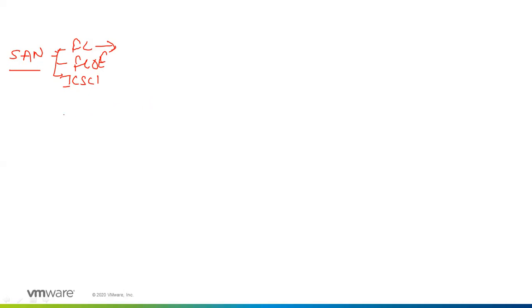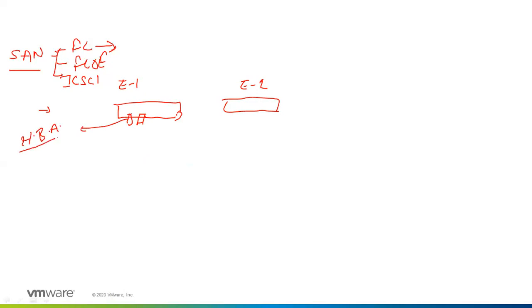All right. So in this case, first of all, you will install your ESXi hosts. The number of ESXi hosts you are using in the cluster could be 1, 2, 3, 4, 5, 6, depending upon your cluster size. So for making the FC fabric, each ESXi host will have a separate type of adapter that we call an HBA, host bus adapter.